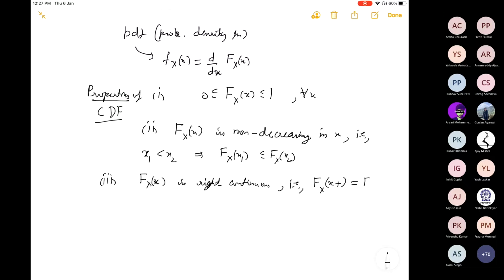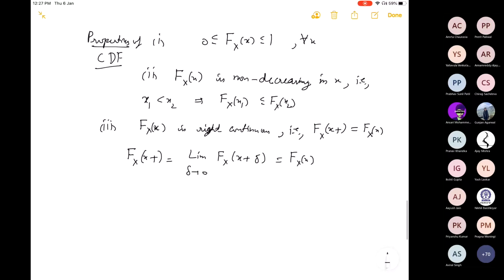So Fx x plus is the limit as delta goes to 0 of Fx x plus delta, which is Fx x.